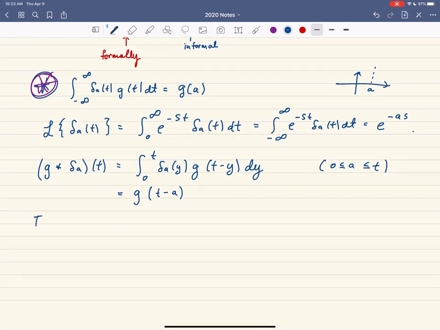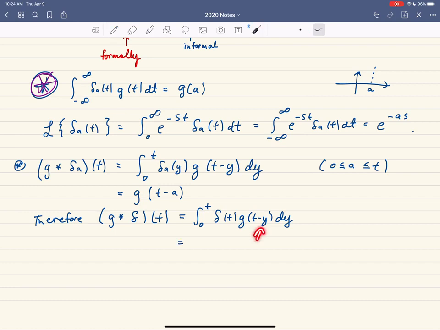And therefore, if I were to take the unshifted delta function, what would happen? Well, by the same calculation, we'd have the integral from 0 to t, delta of y, g of t minus y. And what we're going to get is this function g at y equals 0, and you get g of t.